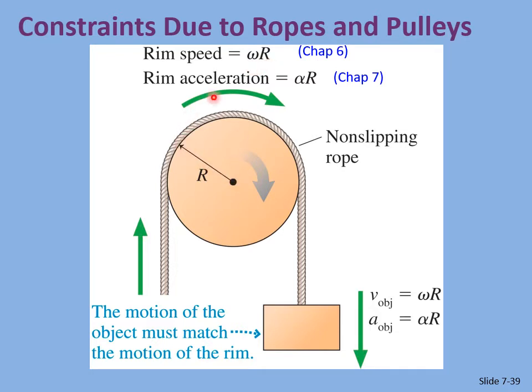Likewise, the rim acceleration, a, is equal to alpha times r. The other thing is that the object is going to move with the same speed as the rope does. So the speed of the object is equal to omega r, and the acceleration of the object is equal to alpha r.